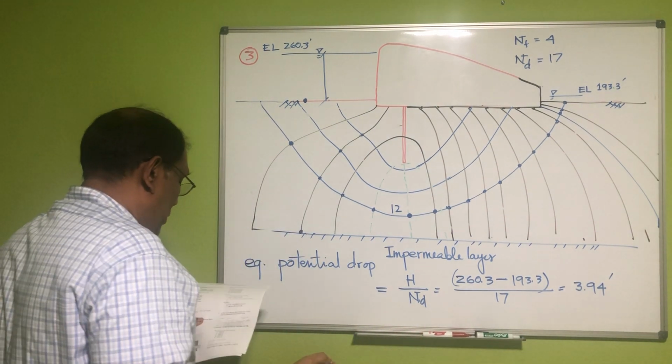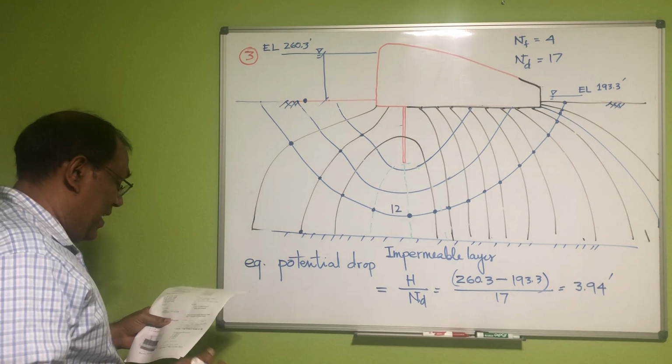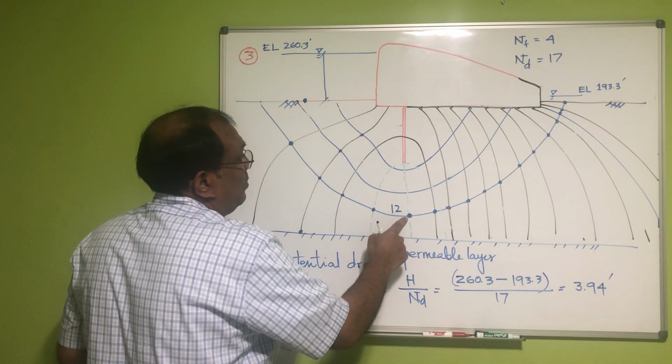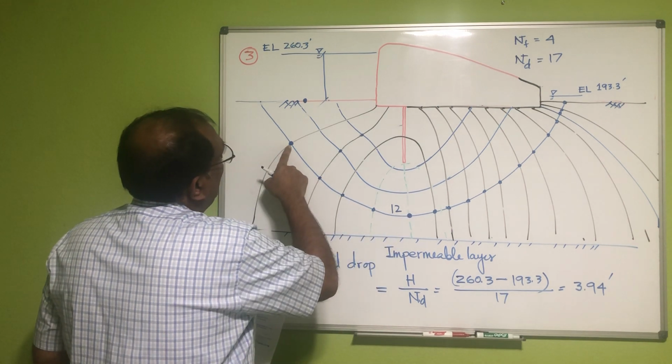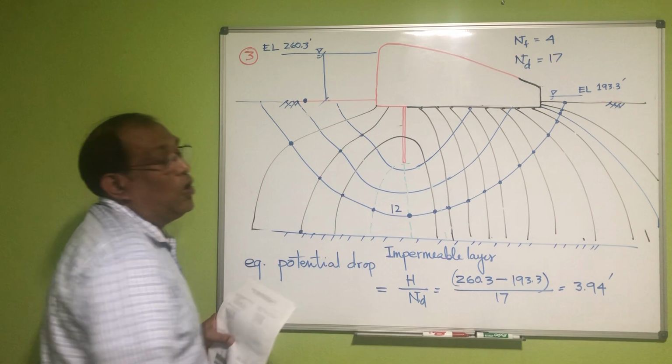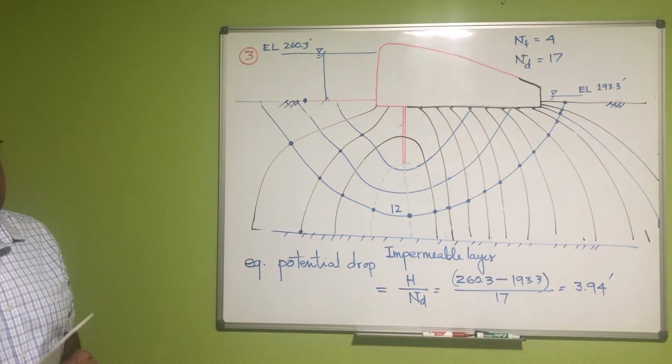So to find the head at point 12, how many drops do we have at point 12? You can see 1 drop, 2nd drop, 3rd drop, 4th drop, and 5th drop. 5 drops.